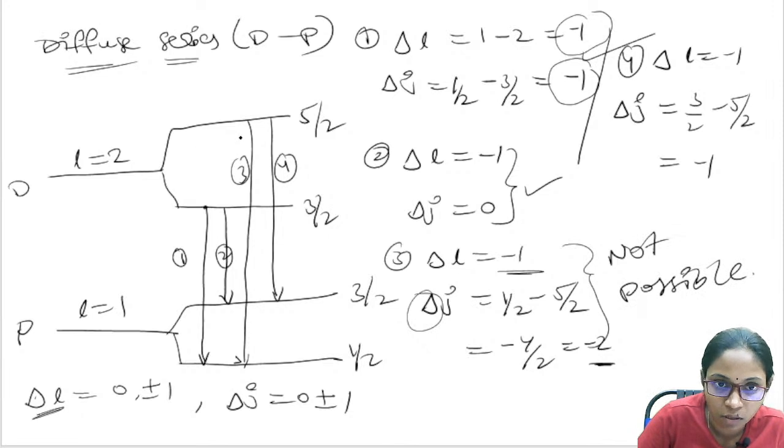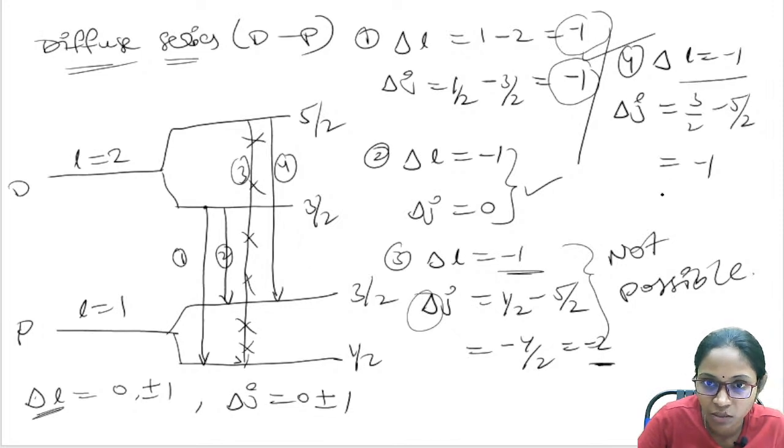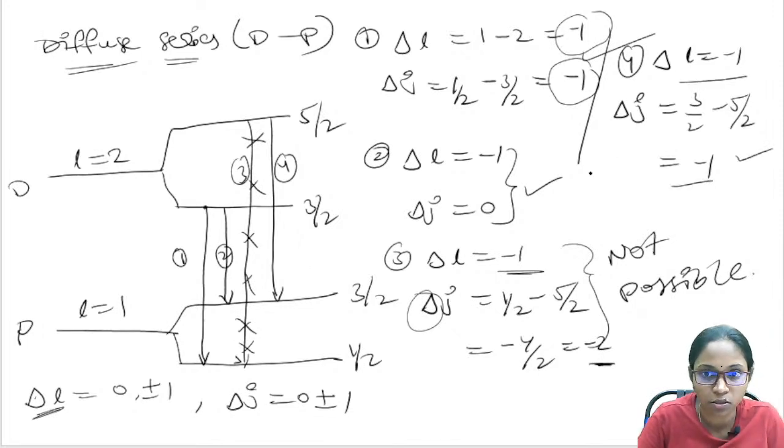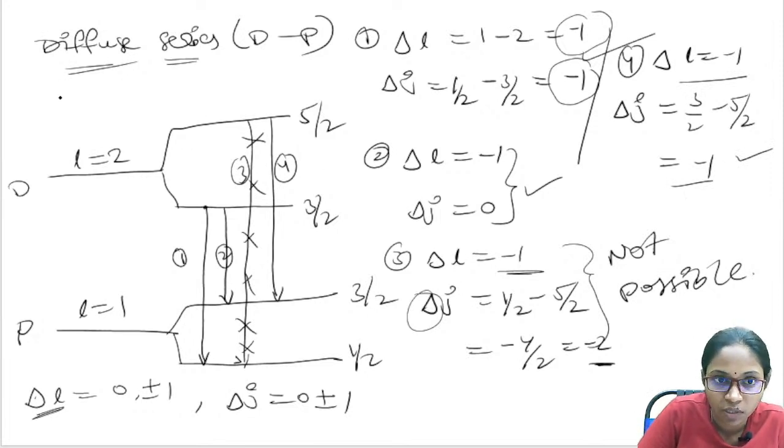That means we do not have this spectral line. And check this one. Delta L is minus 1, delta J is minus 1. This transition is also possible. Therefore, for the diffuse series, we have 3 fine spectral lines.